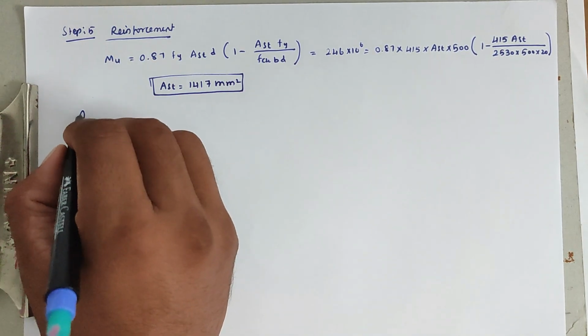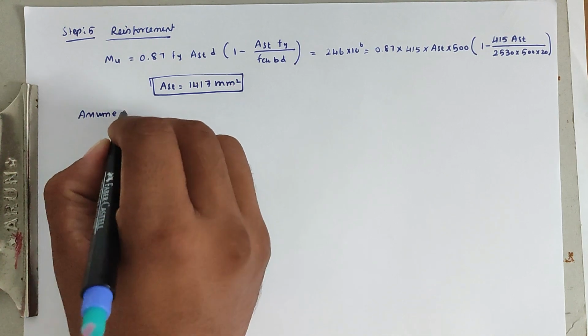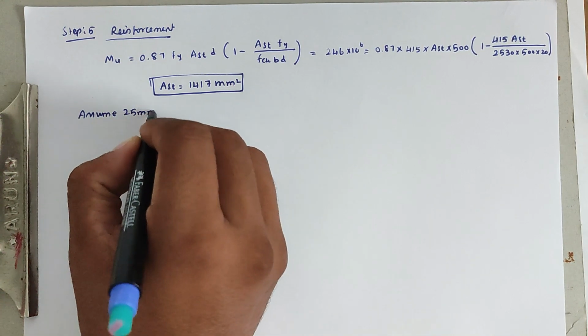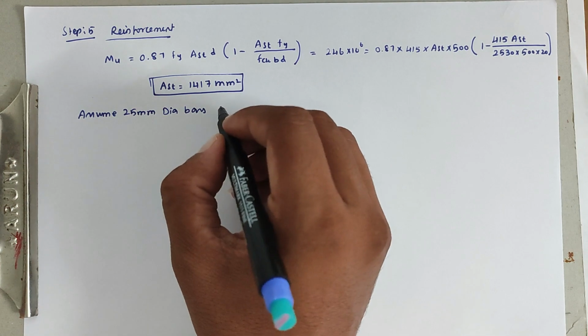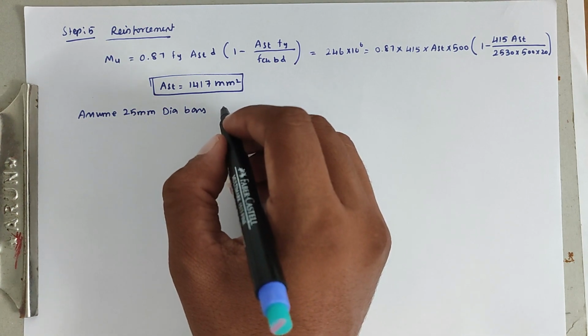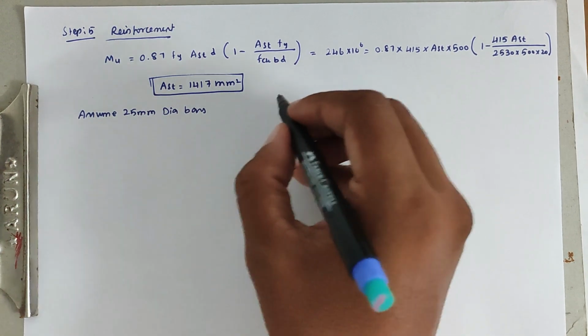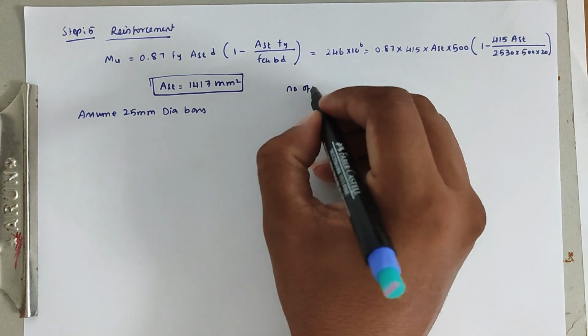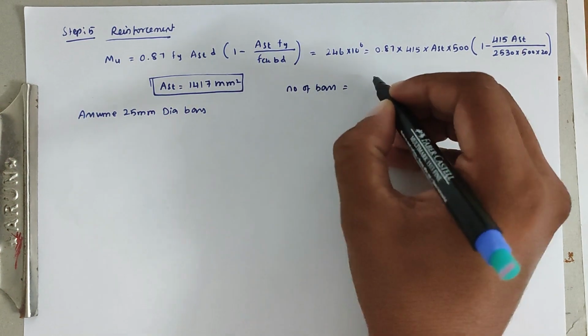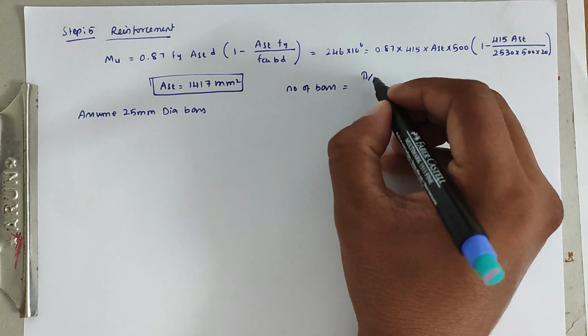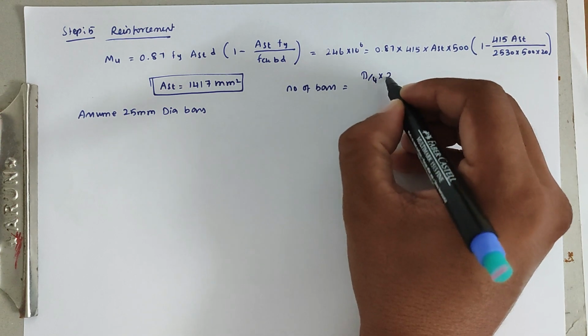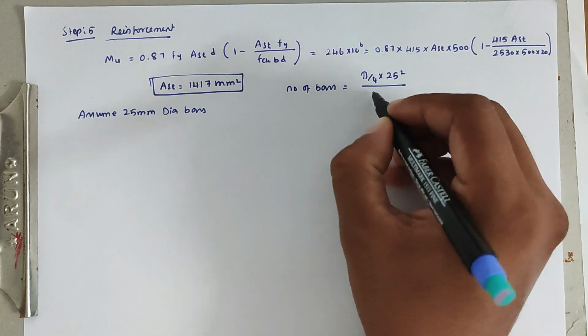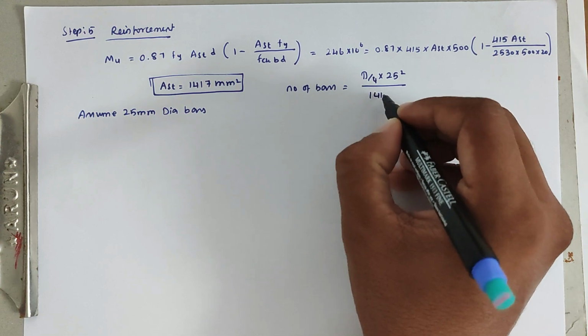Now we can assume 25 mm dia bars. Now we have to find out the spacing and number of bars. Number of bars equal to small AST by capital AST, pi by 4 into d square, that is 25 square, divided by capital AST which is 1417.